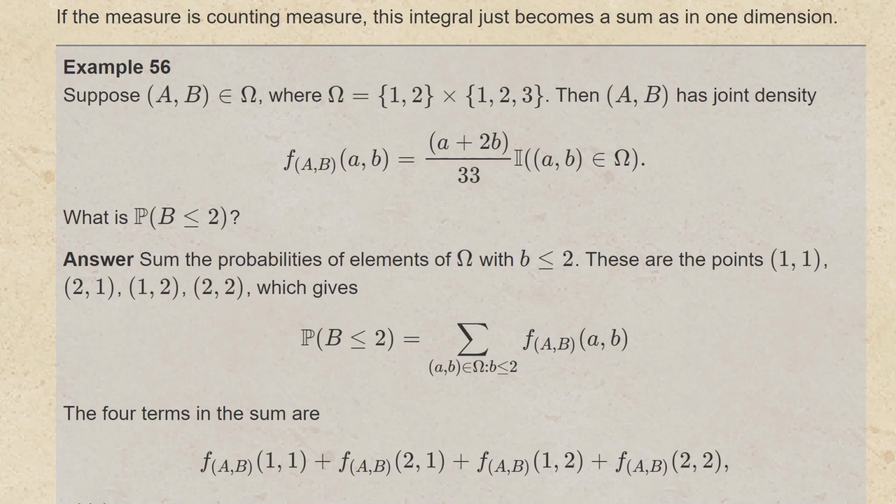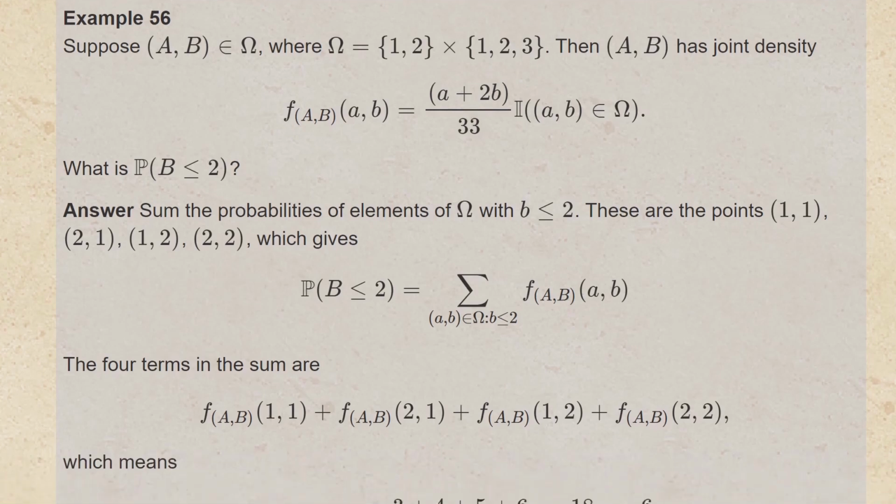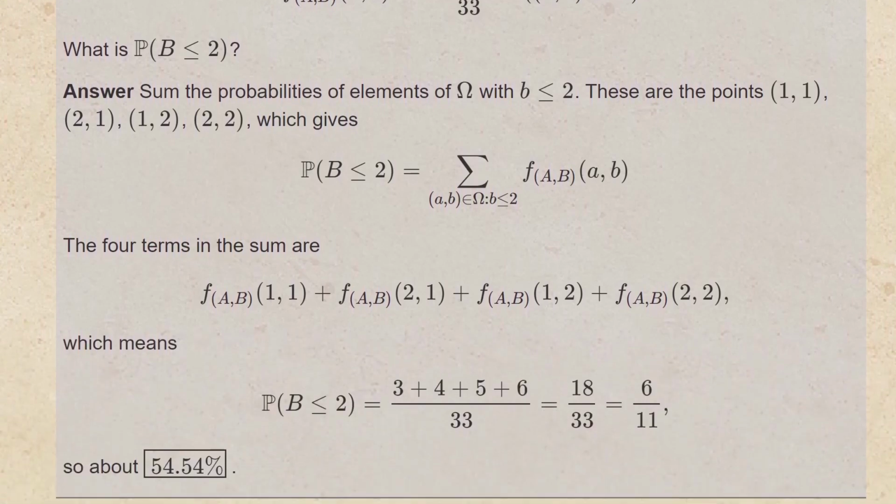Well, to find the answer, sum the probabilities of elements of omega with b less than or equal to 2. These are the points (1,1), (2,1), (1,2), and (2,2). That means that the probability that B is less than or equal to 2 is going to be the density of (a,b) at (1,1), plus the density at (2,1), plus the density at (1,2), plus the density at (2,2).